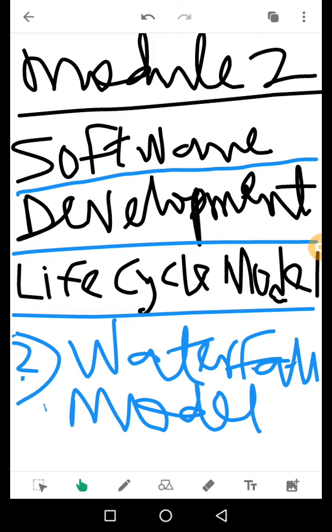Then number 2 disadvantage, no working software is produced until late in the life cycle. That is, there will be no software produced until late during the life cycle.